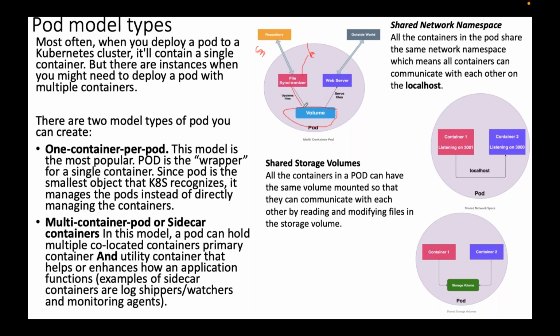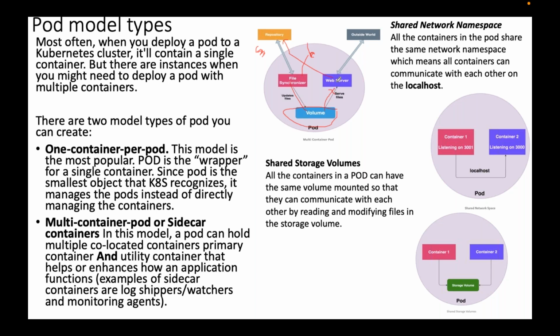This container can write the files. This container can read the files. This helper container can get the files from outside and maintain them in the storage attached to that pod. Will this container be able to read these files from this volume without knowing where they are coming from?